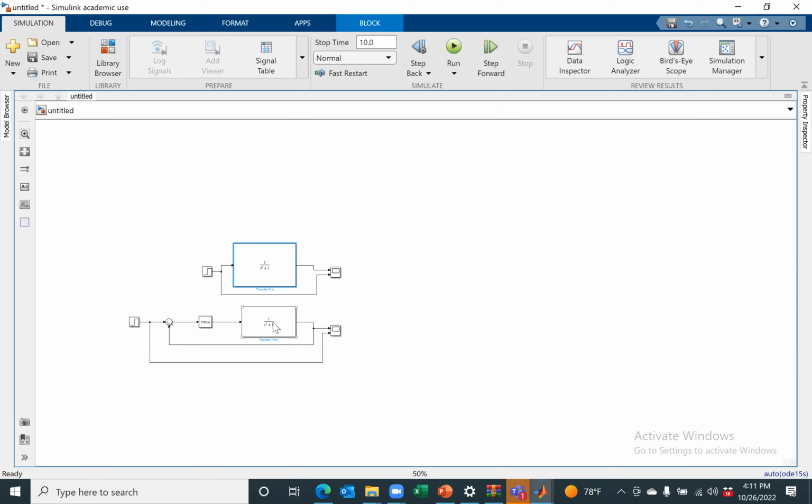So if your integral term is active when the error is very high, remember integral term is integrating the error. Right now you have a large error, but as soon as you start integrating the large error, the contribution from the integral controller is going to be very, very high.